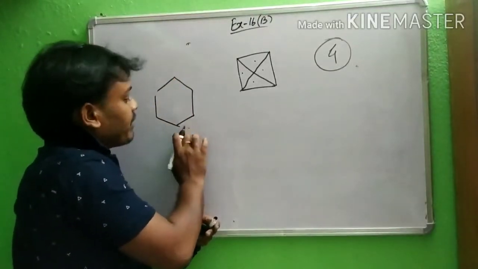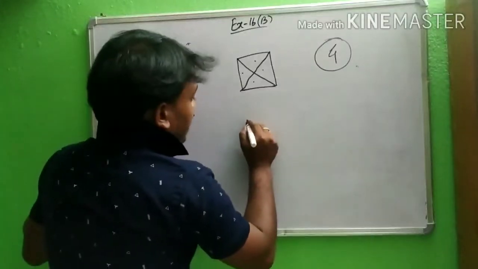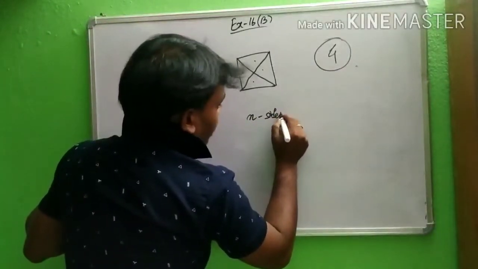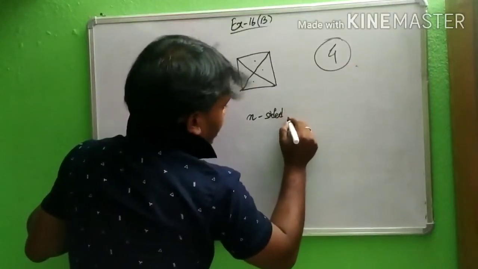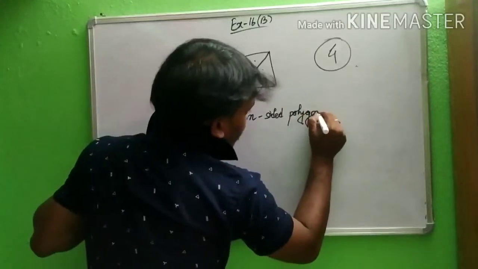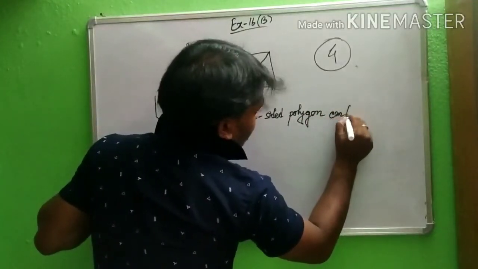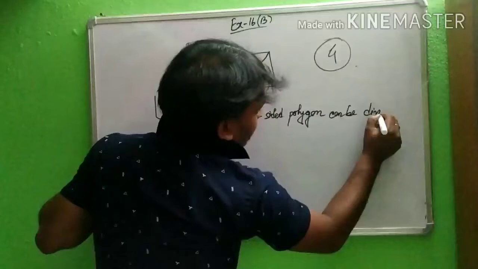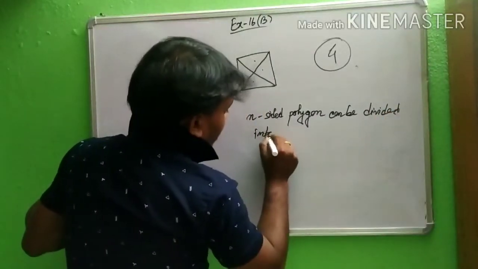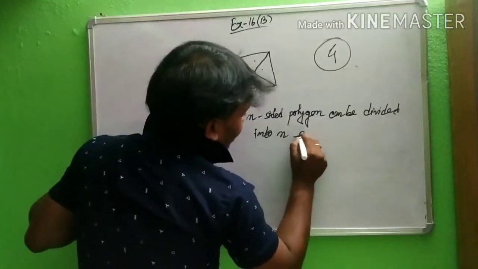So the note is: an n-sided regular polygon can be divided into n equal triangles.